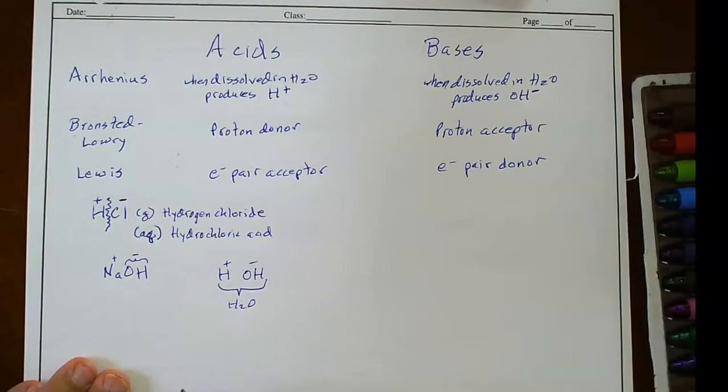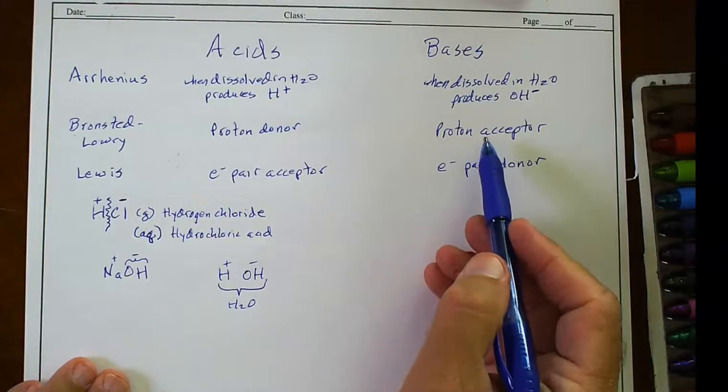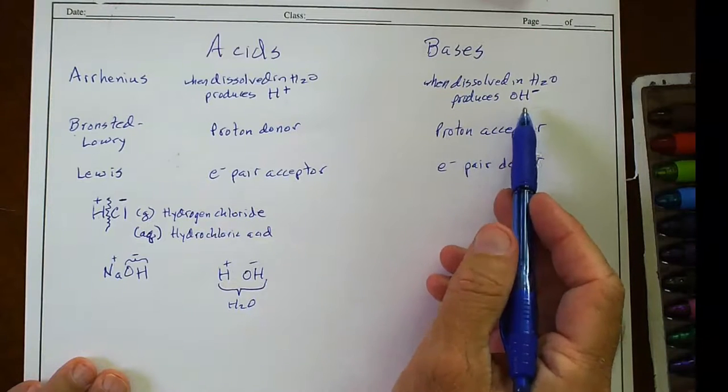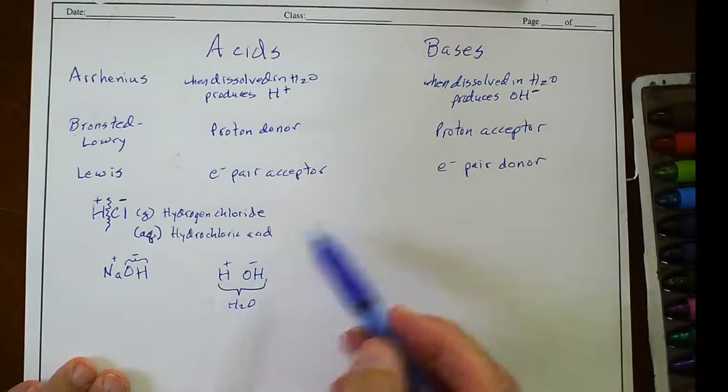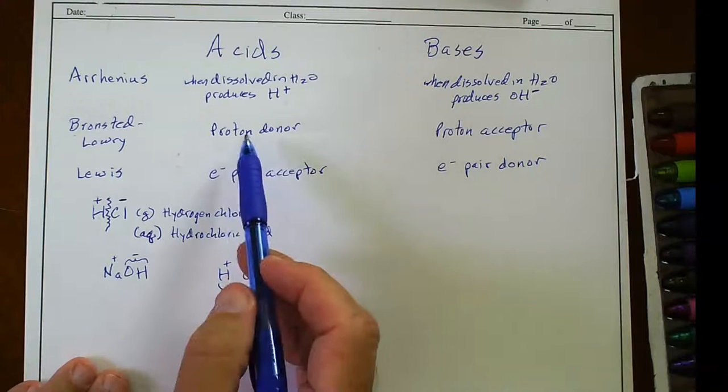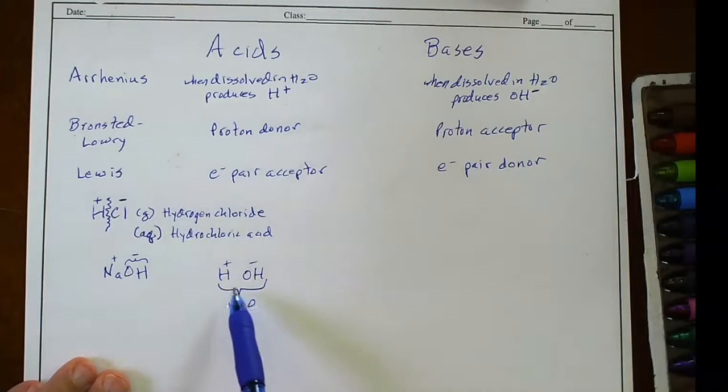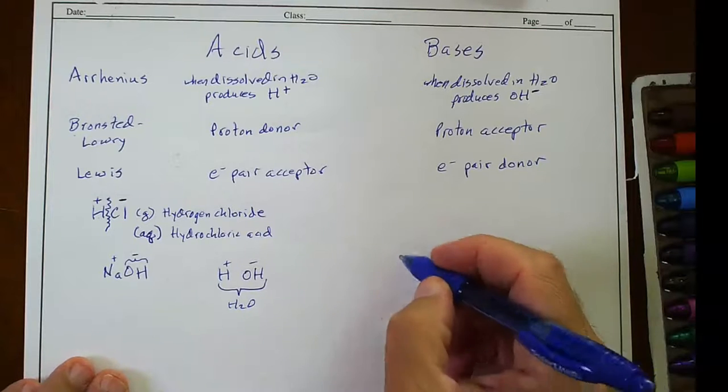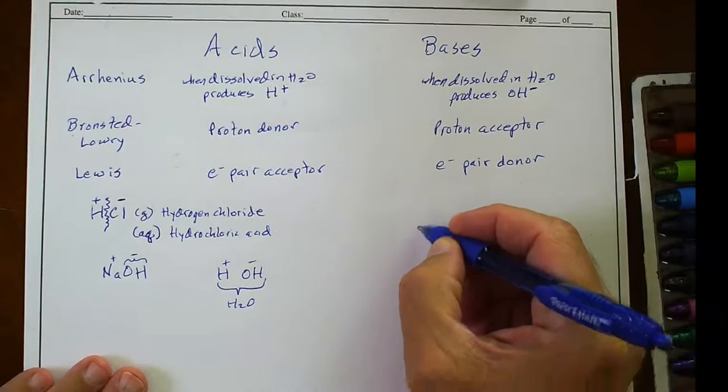We get water. The base, which is the hydroxide, accepted the proton, which was donated from the acid, and we got water. Okay? Now let's consider ammonia.